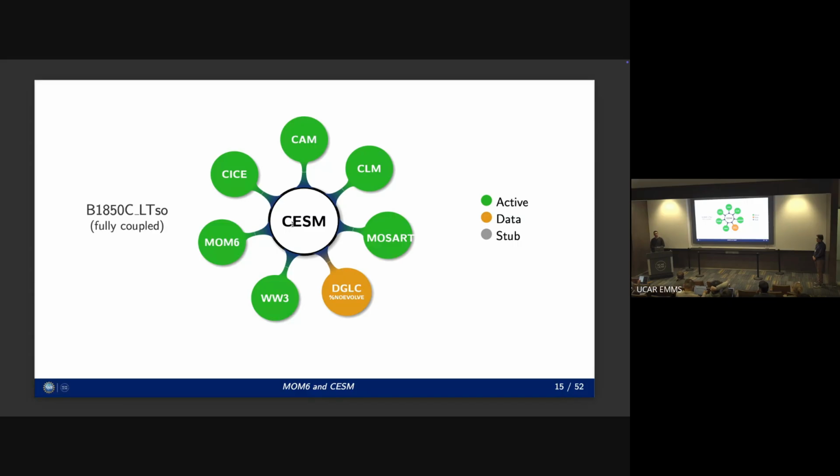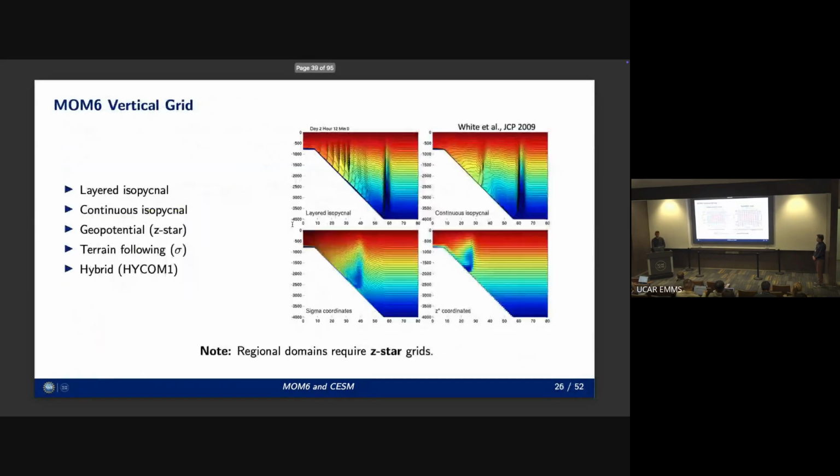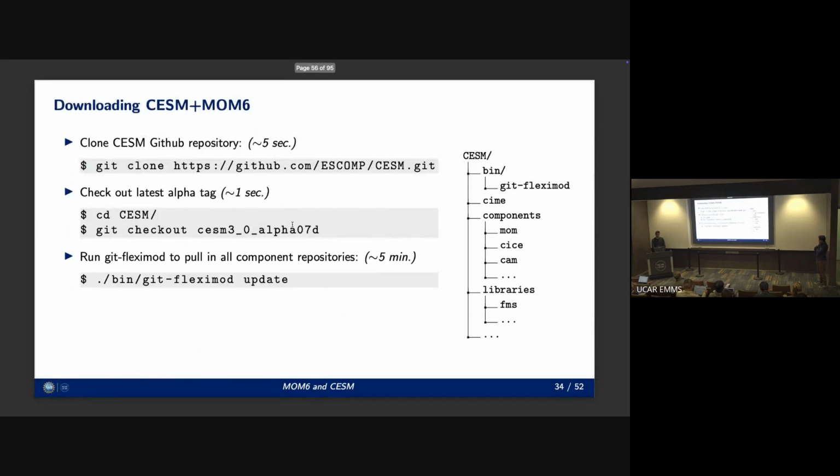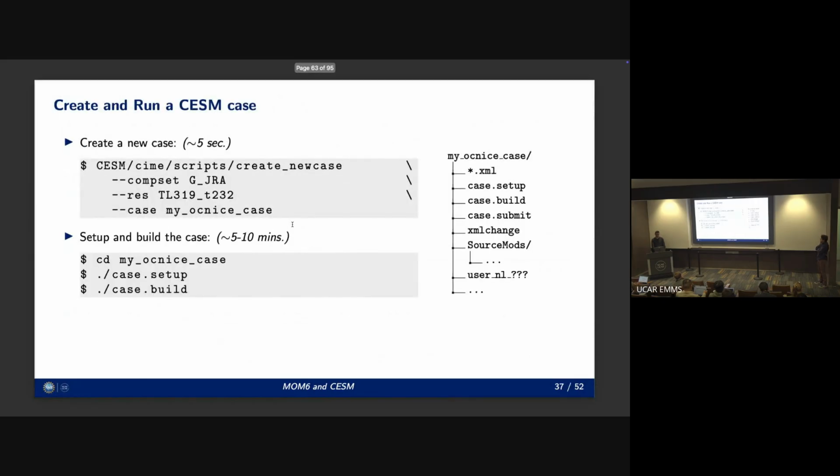For the setup and the build, is the setup just setting up the subroutines for each component, and the build builds the general model? Are you referring to case.setup? You're trying to see the difference between the setup and the build. Got it.